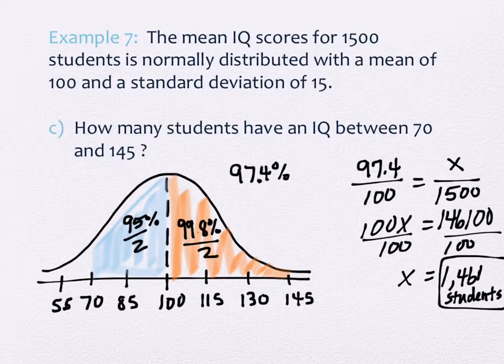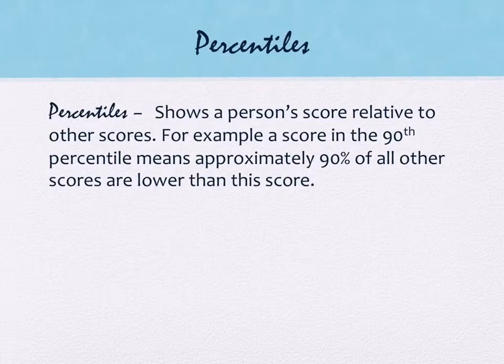All right, we had one more topic in this section, and that was about percentiles. A percentile shows a person's score, value, whatever it is, relative to other scores or values. For example, if you had a score in the 90th percentile, then it would mean that approximately 90% of all other scores are lower than your score.